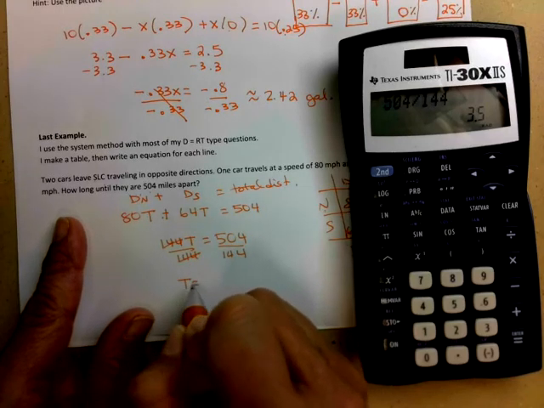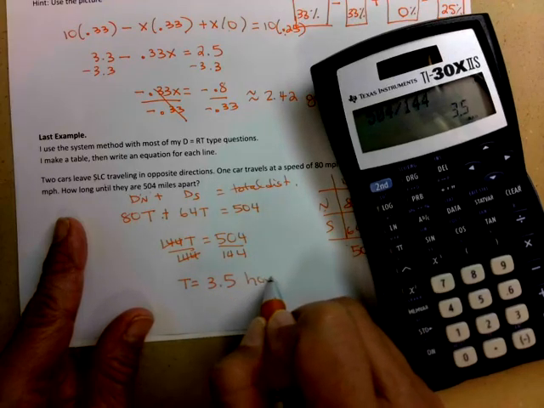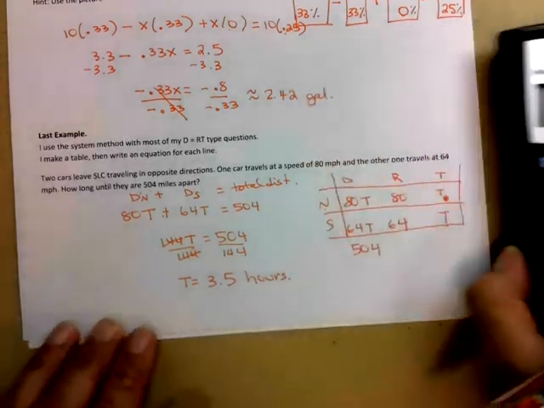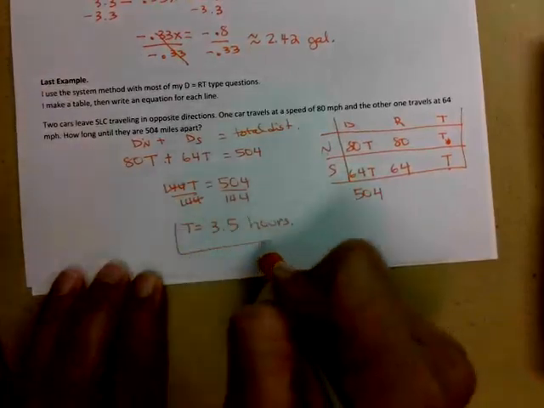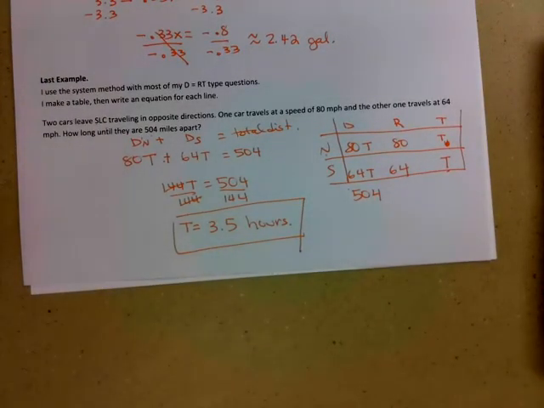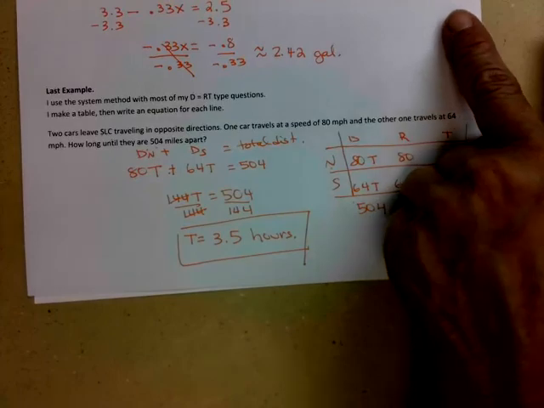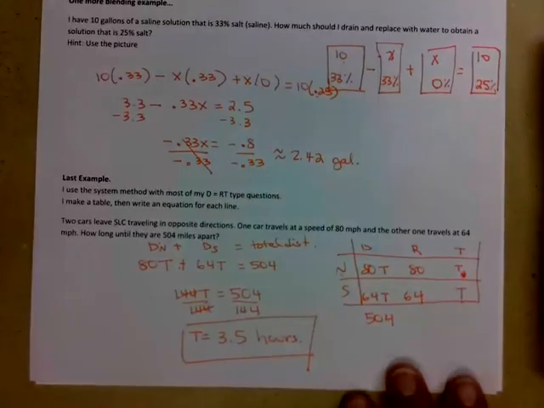So the time that they would be traveling is 3.5 hours. So some of these, I guess you don't actually have to have a system once you get going. But the table and the pictures that we use for systems can still be useful.